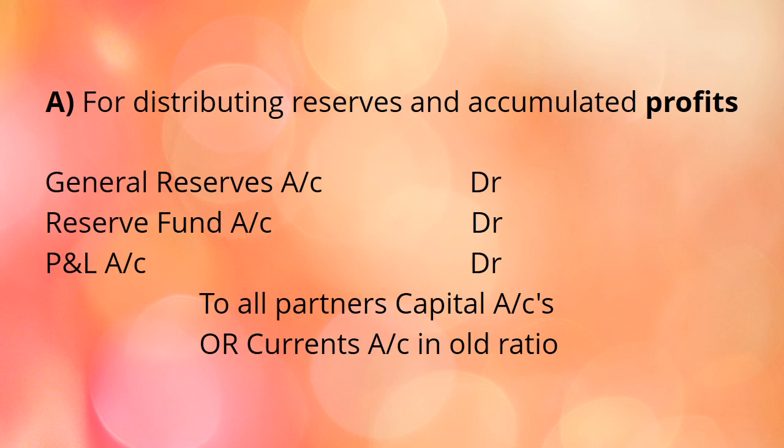General reserves account debit, reserve fund account debit, P&L account debit to all partners' capital accounts or current accounts in old ratio. See, if the capital is fluctuating, you will write capital accounts. If capital is fixed, in that case you will write current accounts, and in old ratio.